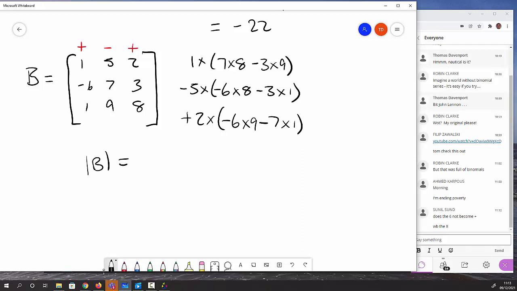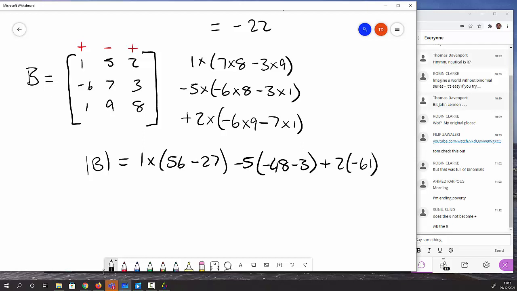is equal to 1 times 7 eighths of 56 minus 3 nines of 27 minus 5 times 6 eighths of minus 48 minus 3 plus 6 nines of 54 minus 7, so that's 54, 61, so that's 2 times minus 61. That's not very consistent, is it?